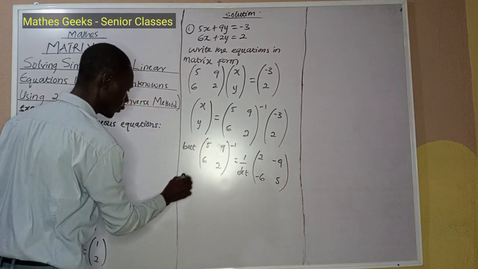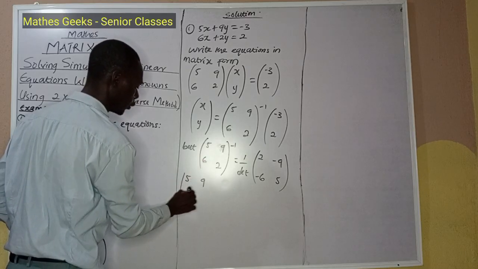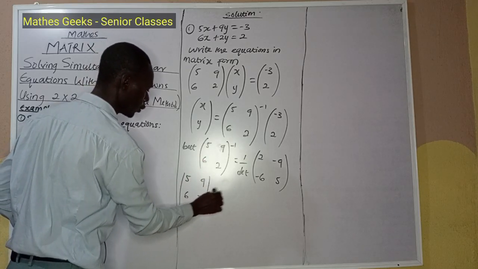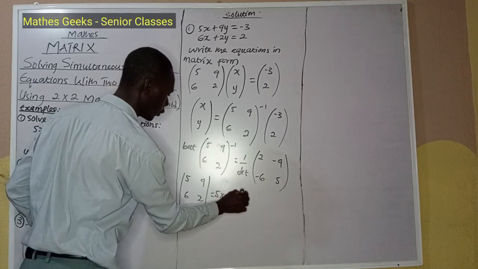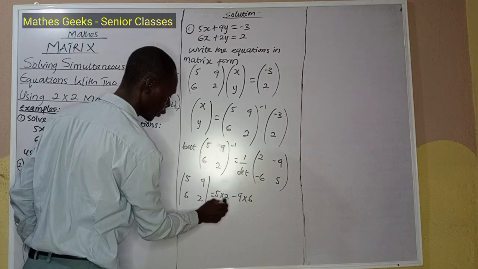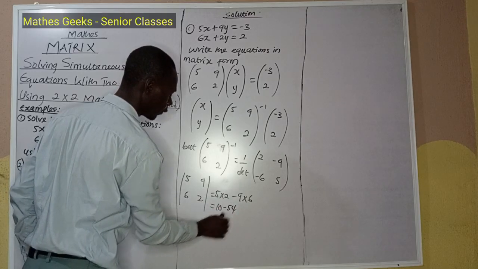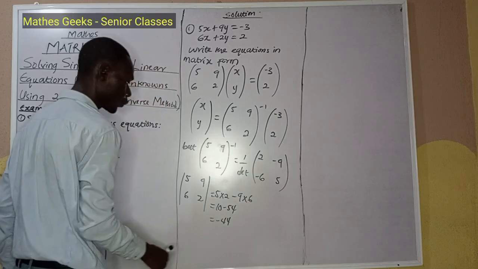The determinant is 5 times 2 minus 9 times 6. This will give us 10 minus 54, which gives us minus 44.